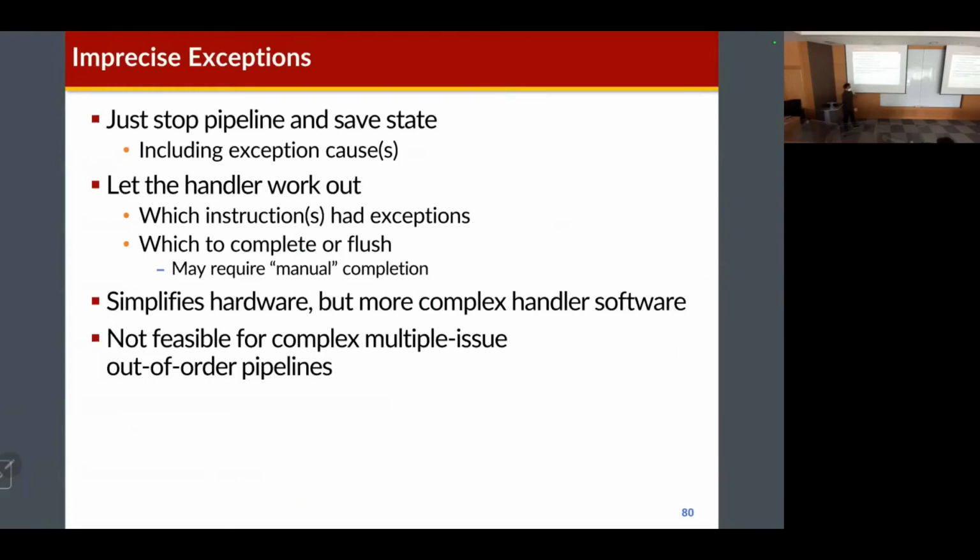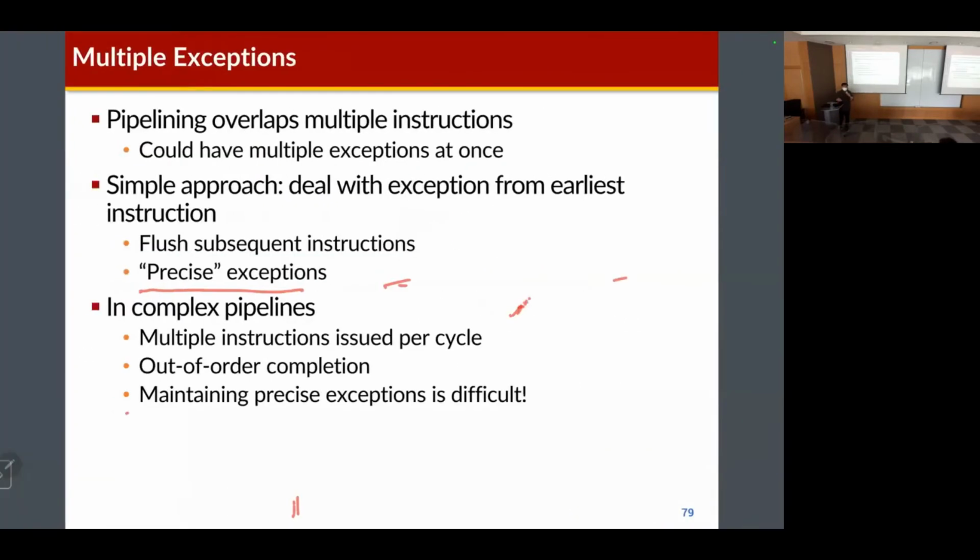Sometimes a processor can support imprecise exceptions. So actually we are learning about a very simple pipeline architecture, but in real hardware, in a real processor, the architecture of the pipelining is very, very complex. Most of the modern processors, such as the x86 desktop or laptop processors, and also some ARM processors in our smartphones.